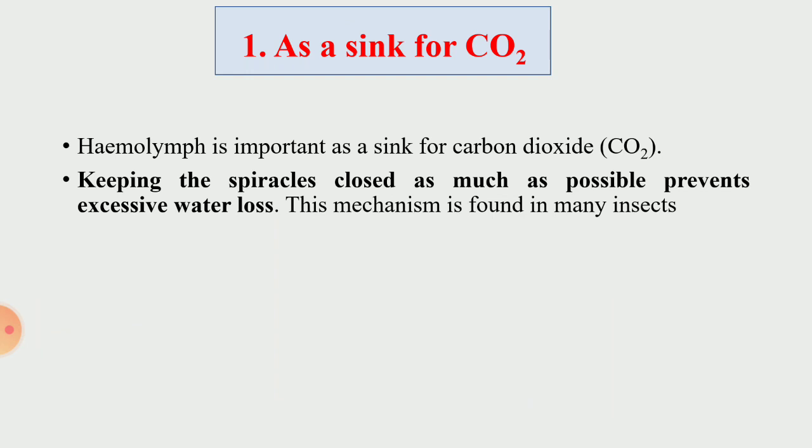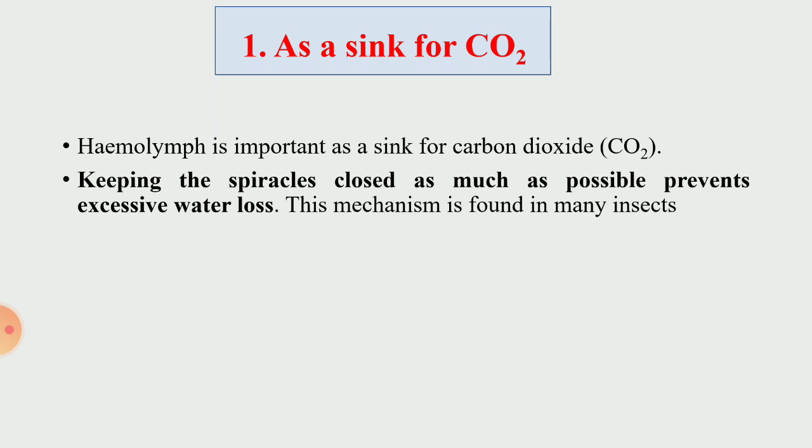First is as a sink for carbon dioxide. Hemolymph is important as a sink for carbon dioxide. Carbon dioxide is soluble in hemolymph as a bicarbonate ion. Substantial amounts may be held in the hemolymph of some insects.